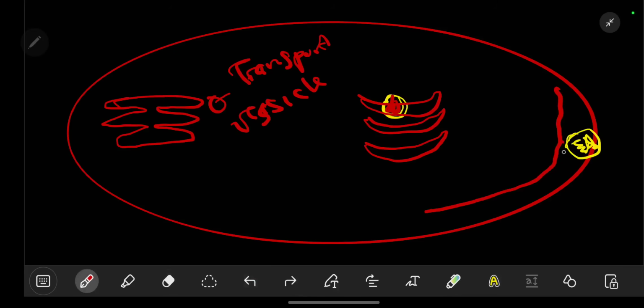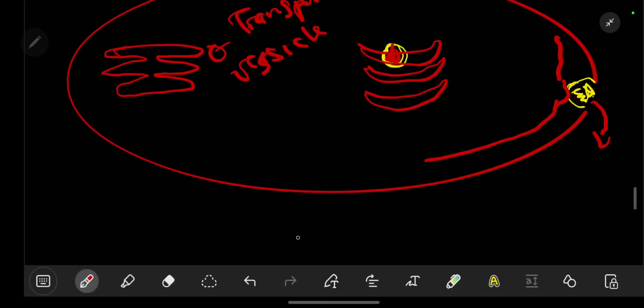So we might have the cell membrane like that. When this was fusing there, it looks like something like this. It enters like that. Then this is more like becoming a part of it. Then after it reaches that point, it opens up like that. When it opens up, it will secrete those materials outside into the extracellular fluid.